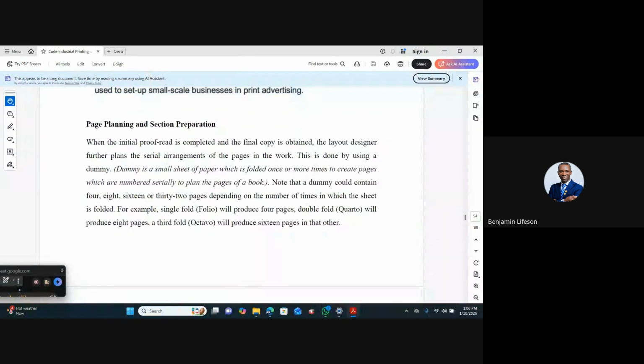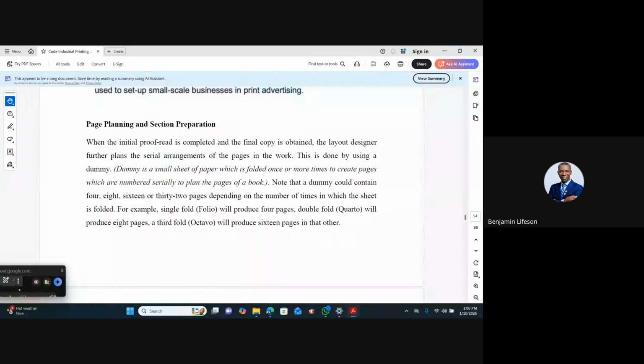So dummy simply means a rough replica, or a prototype that is done in that rough way.